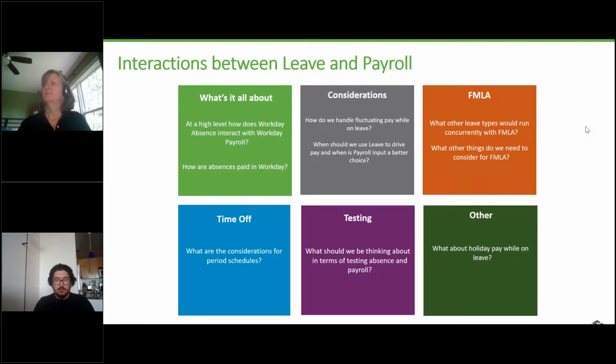Another example where we would recommend you do not automatically pay holiday while on leave and key it in manually are those scenarios where it's company policy that they will receive the holiday pay for the first 10 weeks of their leave, but if they're on leave for more than 10 weeks, anything after that 10th week, any holiday that occurs is unpaid.